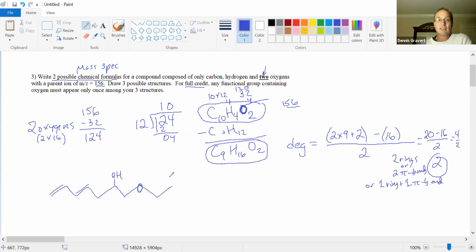Good. And this should work. That's my first of 3 structures. And now I can't use an alcohol or an ether in any of my remaining structures. That could be challenging, unless you remember that oxygen can make double bonds. And then we have aldehydes, ketones, carboxylic acids, esters, amides. Oh, no nitrogen, can't do an amide here.